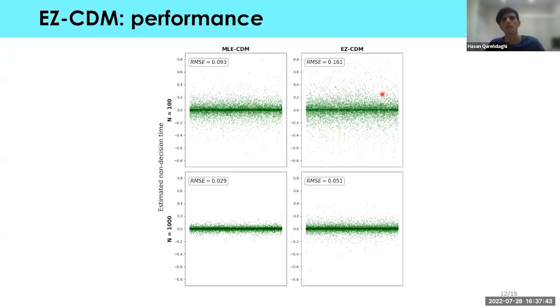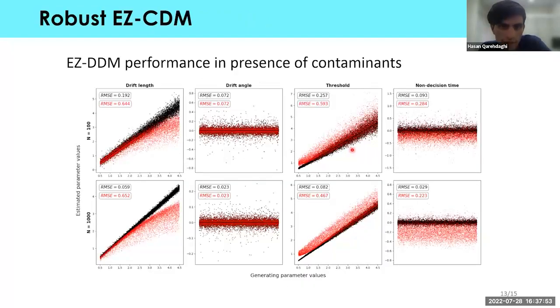So this was the performance, but after I submitted the paper to COXI, I further analyzed this method and found out that it is very sensitive to contaminant data. One problem in experimental data is that they almost always contain some contaminant data that are not generated from the desired task.